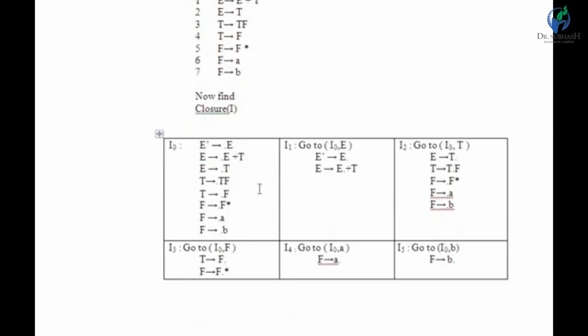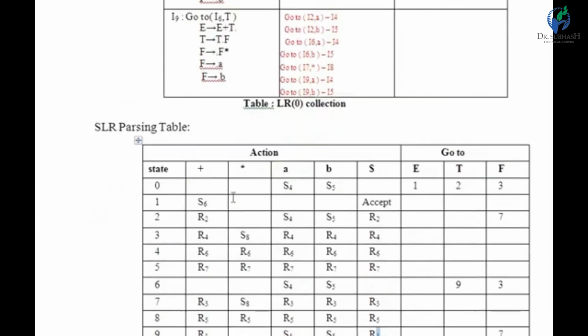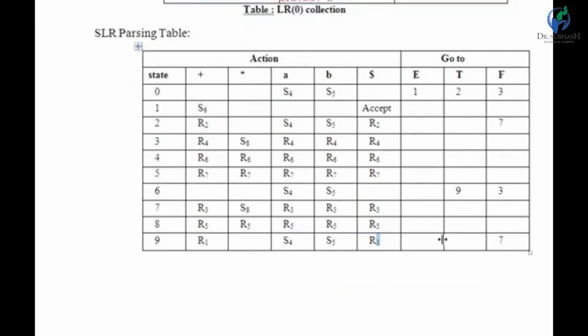Then after, you have to find the closure of I. After finding the closure of I, you have to draw the SLR parsing table. In the SLR parsing table, there are mainly two parts, action and goto. In action, the different input symbols of the given grammar, states and the $ sign, and in goto, the non-terminals which are used in your grammar. So thus you can construct the SLR parsing table. Thank you.